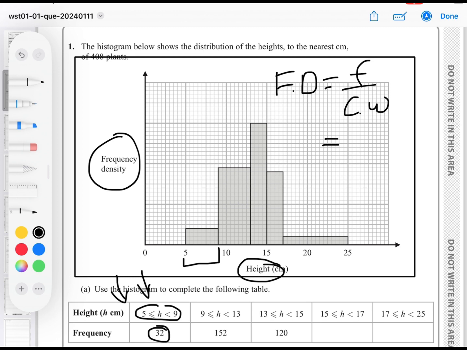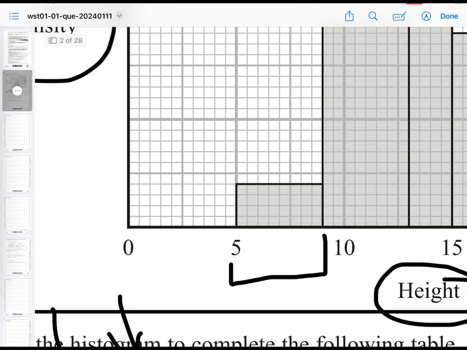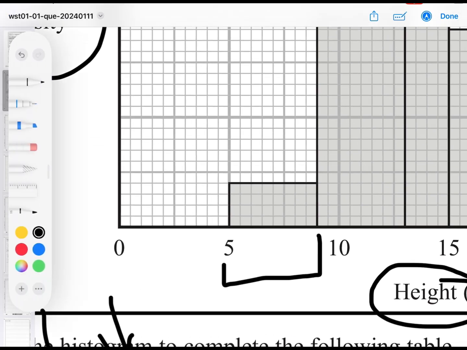The frequency for the first class interval is 32 and the class width is 4, so the frequency density for the first class interval is 8. And here we have 4 small boxes, 1 2 3 4.